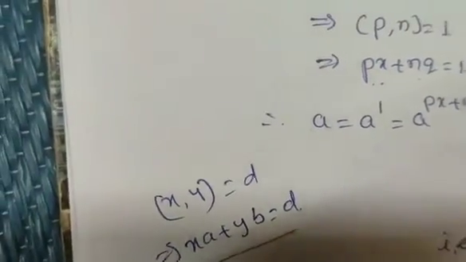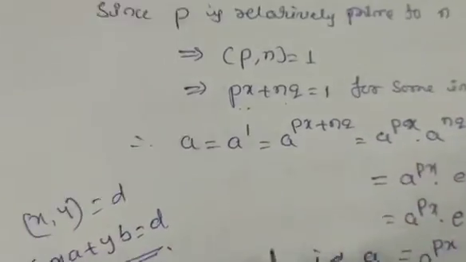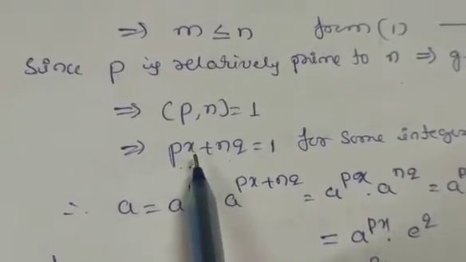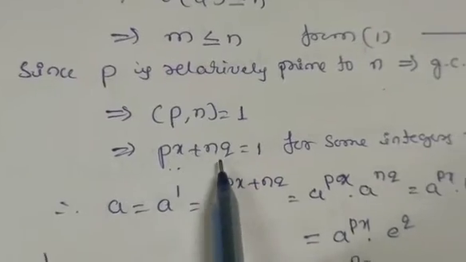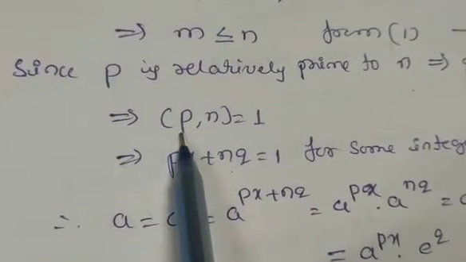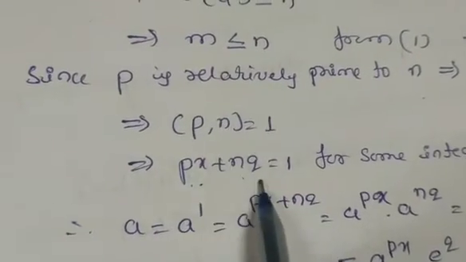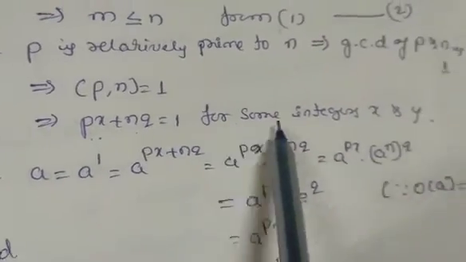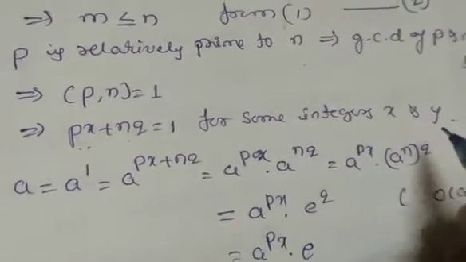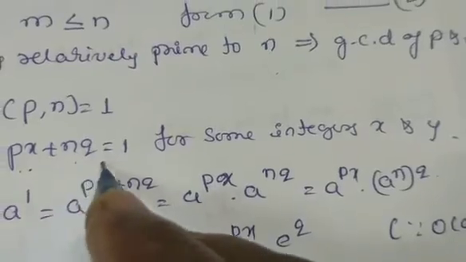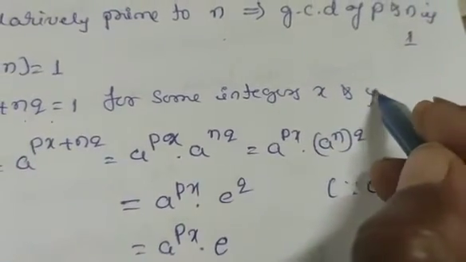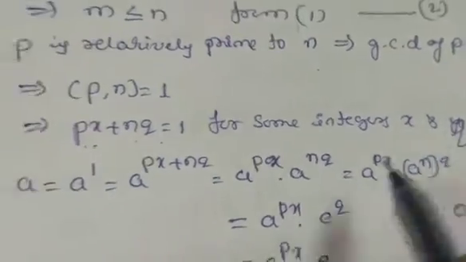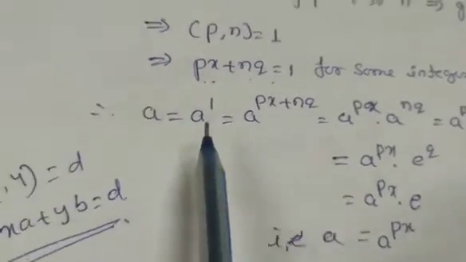Using this, we can write, with x and q being any integers, p into x plus n into q is equal to 1 for some integers x and q. Whatever they may be, they are only integers. So this is equal to this.